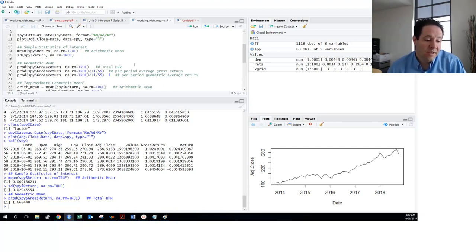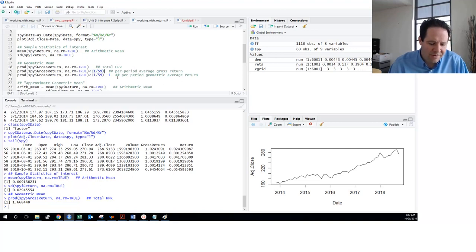We have 66.8% more wealth if we invested all of our money at the beginning of this data period and held it to the end of this data period. How do we average this per period for the gross return? Well, we can take that to the 1/59th power.